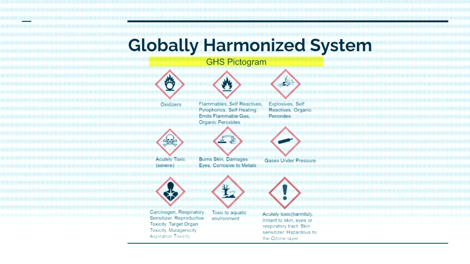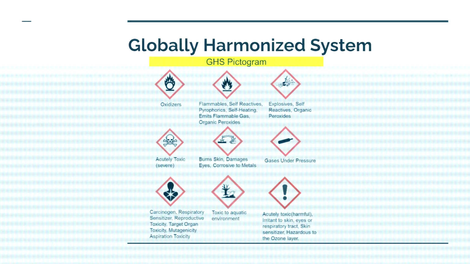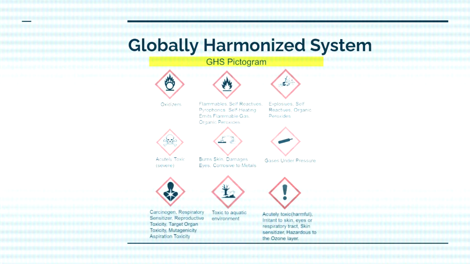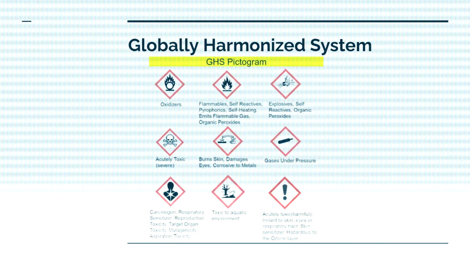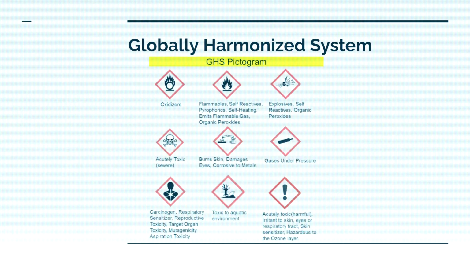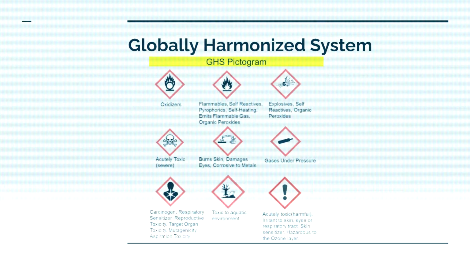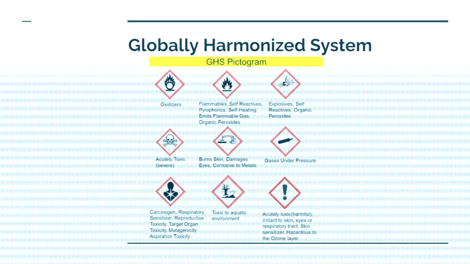Gases under pressure. Carcinogenic, respiratory sensitizer, reproductive toxicity, target organ toxicity, mutagenicity, aspiration toxicity. Toxic to aquatic life and the environment. Acutely toxic, irritant to skin, eyes, or respiratory tract, skin sensitizer, hazardous to the ozone layer.